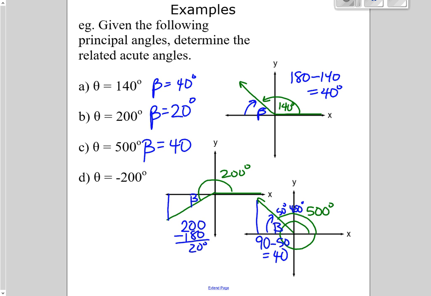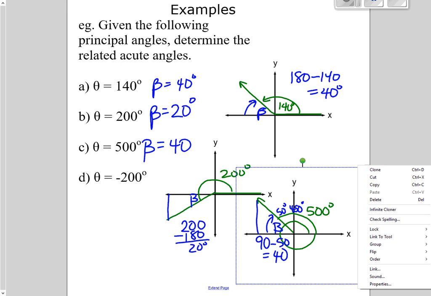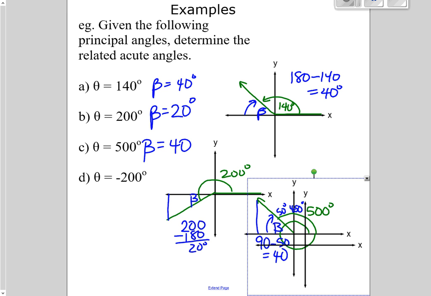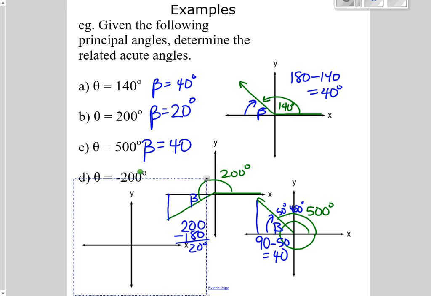All right, and the last one is negative 200. So negative 200, bring it over here. Negative 200 means we are going to start again on the x-axis, but instead of going counterclockwise, we're going to go clockwise. That shows negative. So we'll begin here.